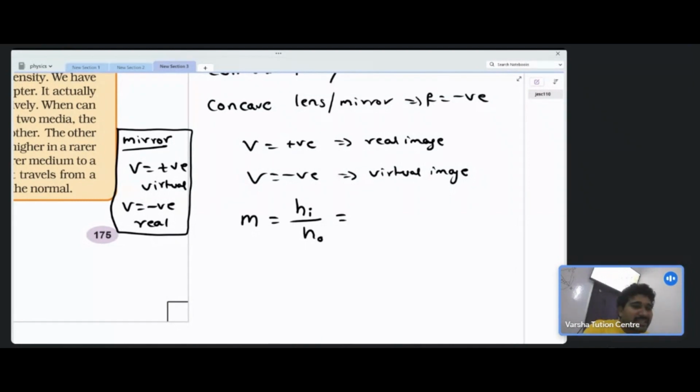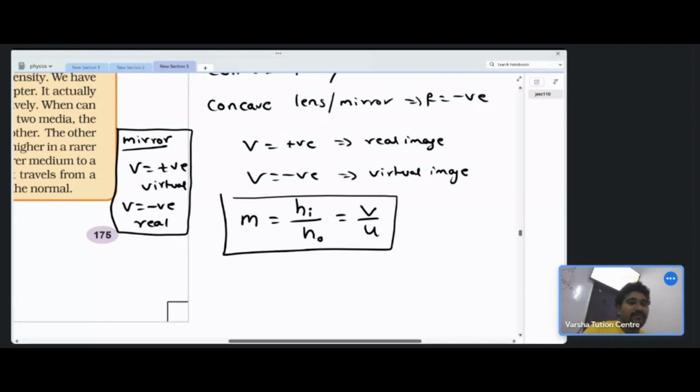That's why that minus will disappear and you just write V by U. There we have a minus, here we do not have a minus. Very, very important formula. M is equal to height of the image by height of the object is equal to V by U, not the minus.